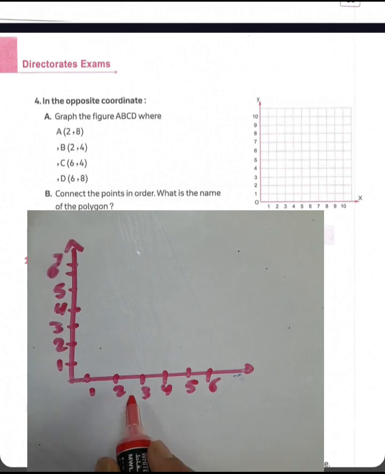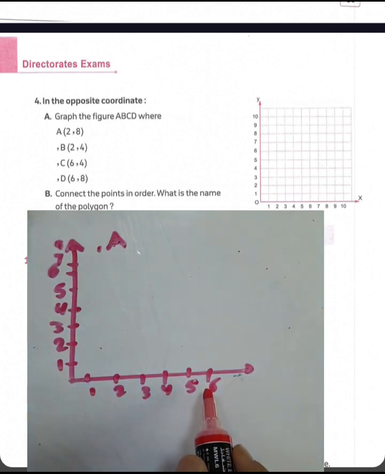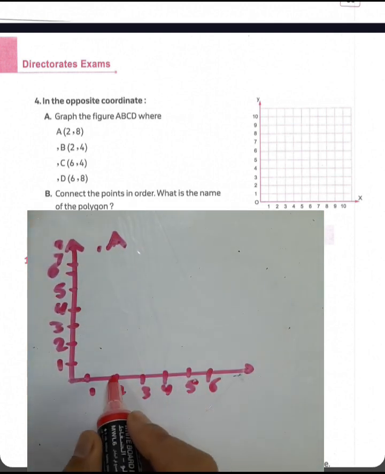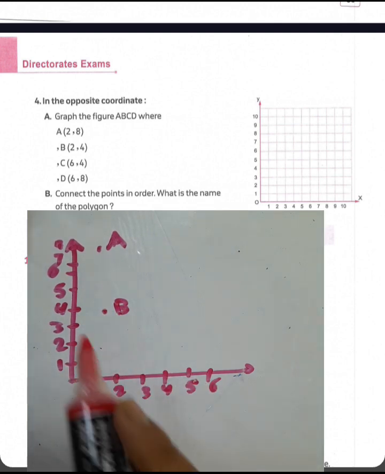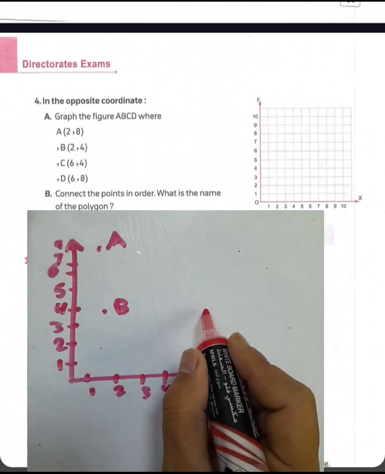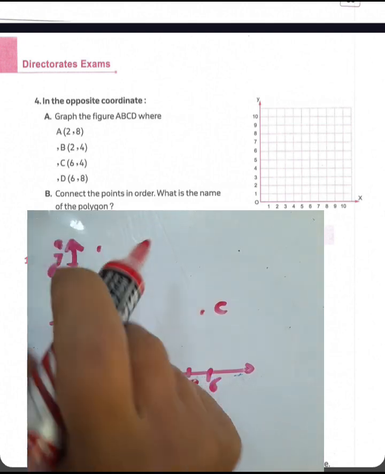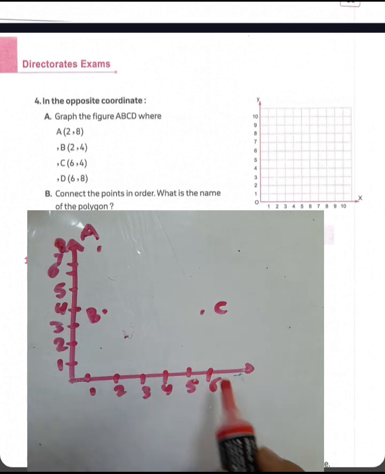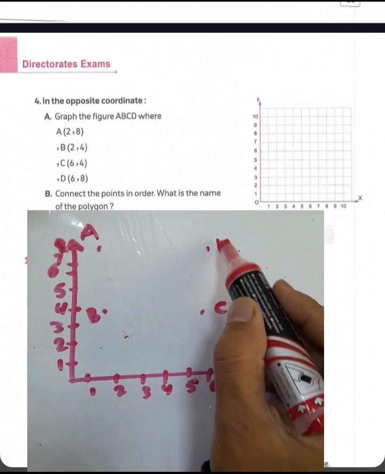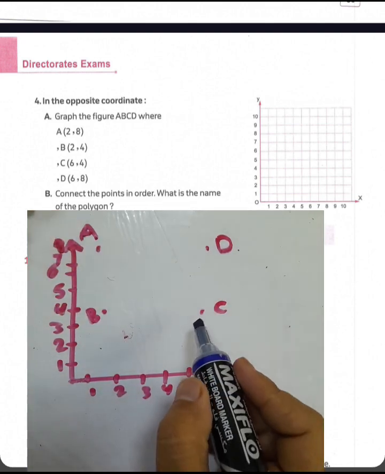Point A is 2 and 8. Point B is 2 and 4. Point C is 6 and 4. Point D is 6 and 8. Then we join all the points.